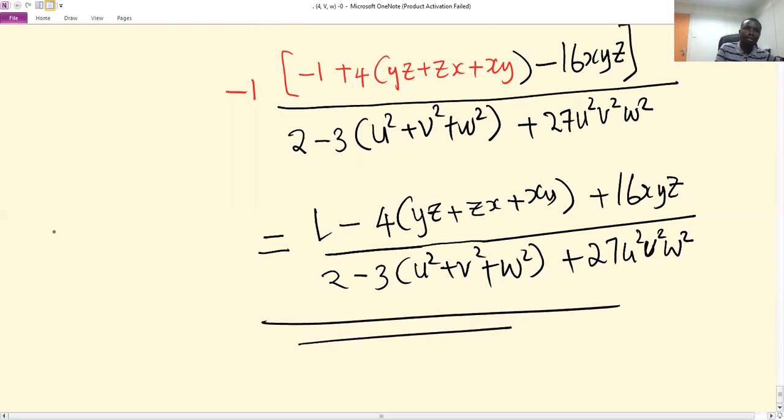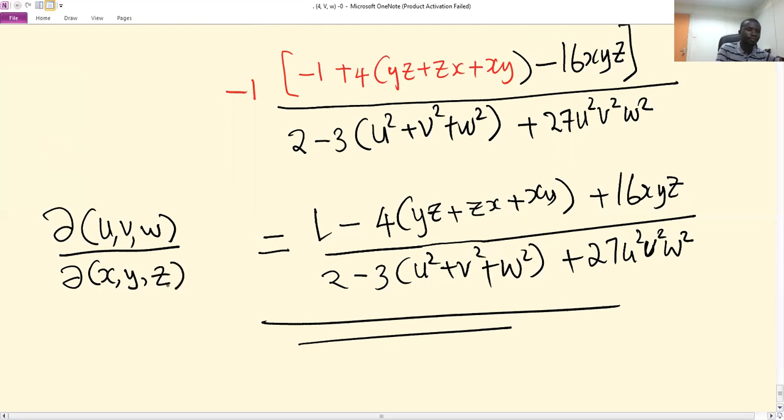And this is what we wanted to show, that is the Jacobian of u, v, w with respect to x, y, z. So that's the proof of that problem.